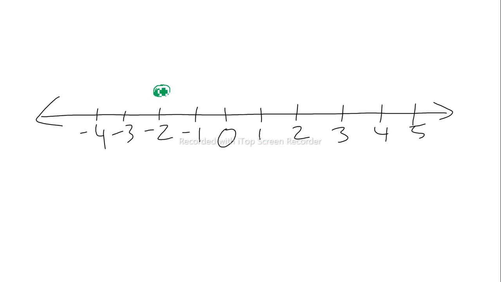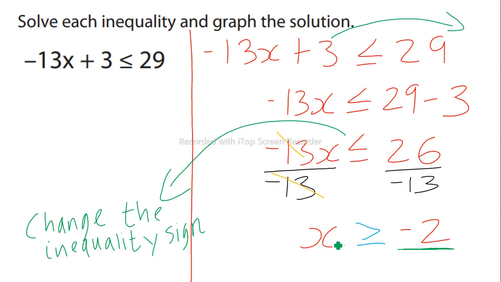The reason we shade in the circle is because we include negative 2 in our solution set. Now, since we include negative 2, we are saying x is greater than or equal to negative 2.